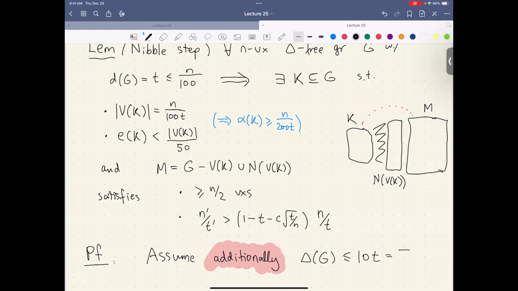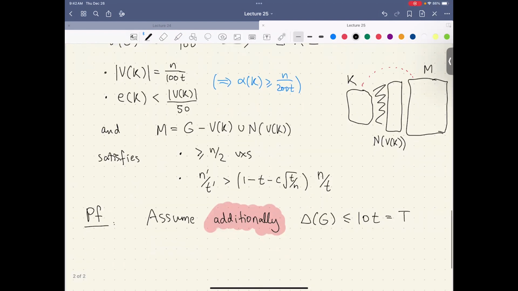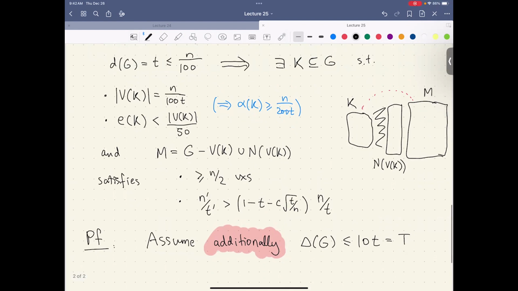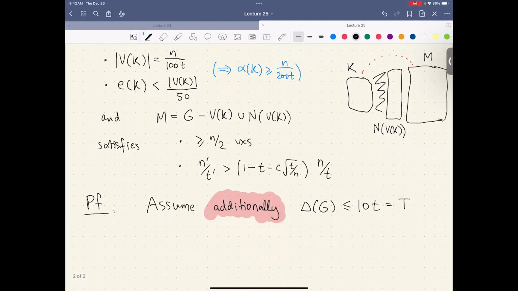So let's set capital T to be 10 times the average degree. So for now, we have an almost regular graph. As I said, we're going to choose the vertices in K randomly. So choose a random set, sorry.